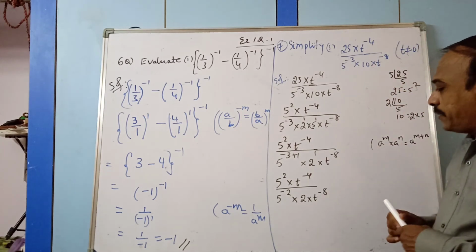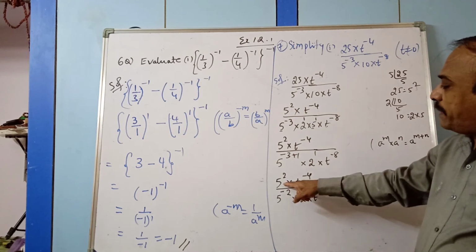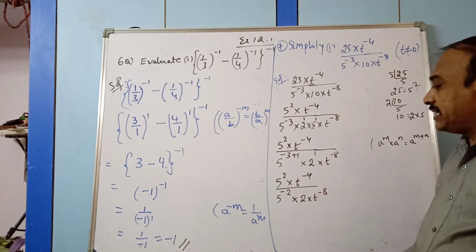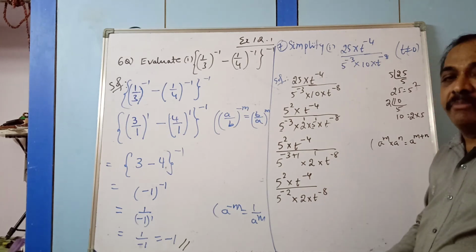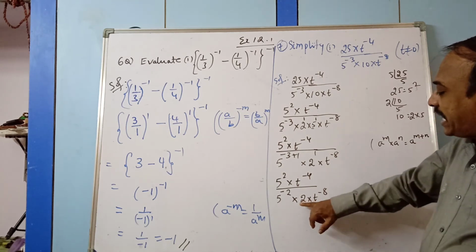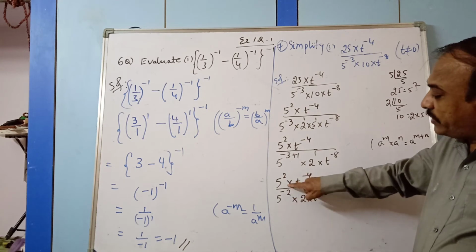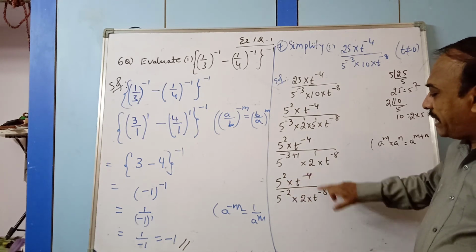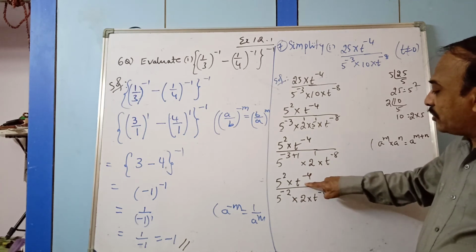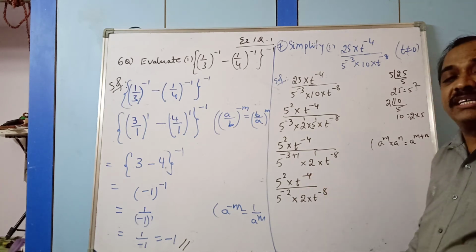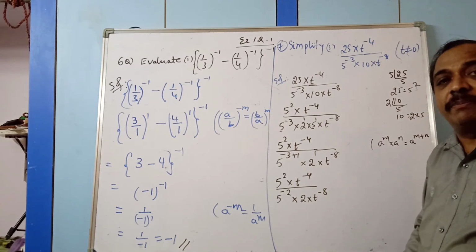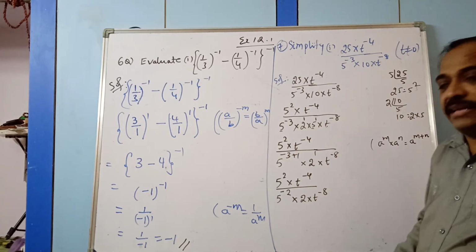Now you observe it. Except 2, here 5 power 2, 5 power minus 2, t to the power minus 4, t to the power minus 8. That means a to the power m divided by a to the power n, except 2. For these we can use a power m by a power n. What is the identity? a power m divided by a power n is equal to a to the power m minus n.